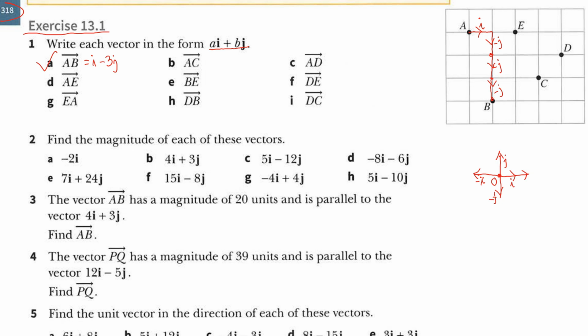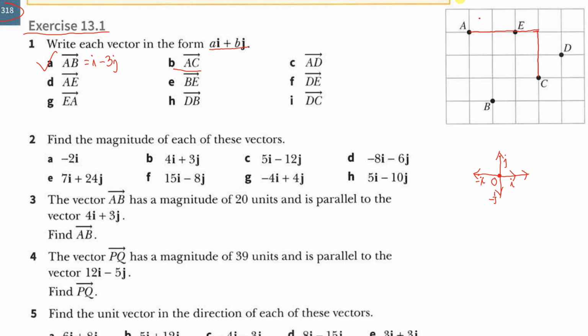Let me do another one, AC. From A to C, we can erase the previous part. First draw the line. From A, first go horizontally right, then to C we have to go down.